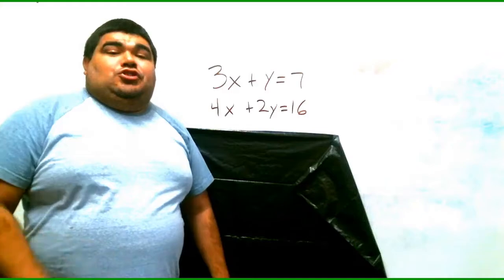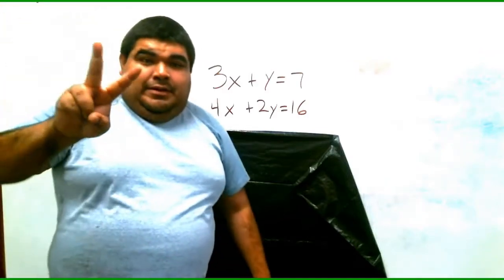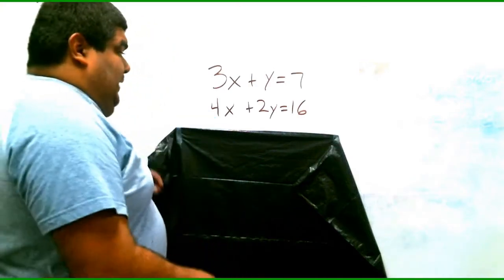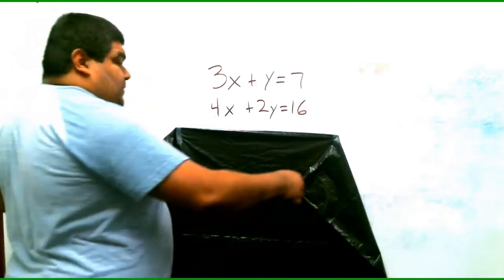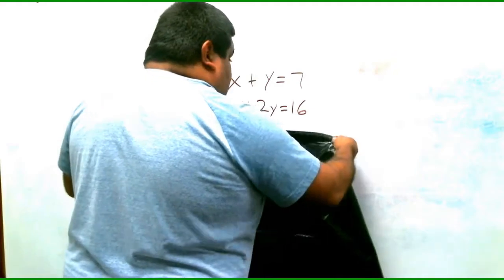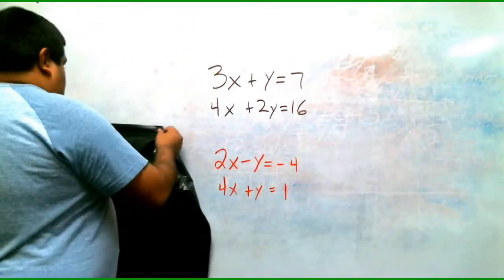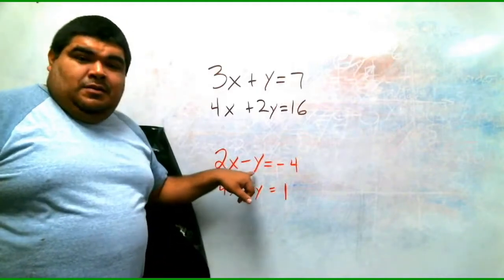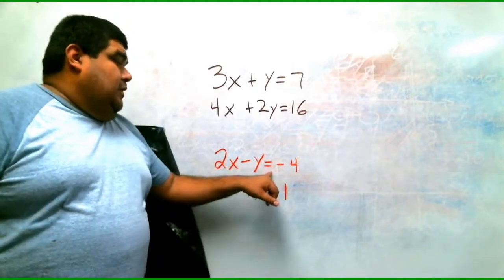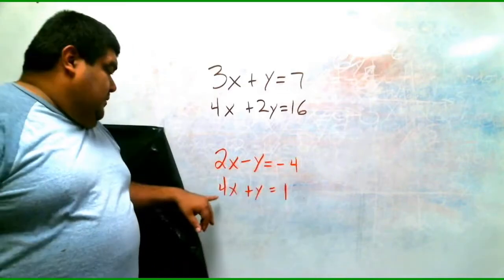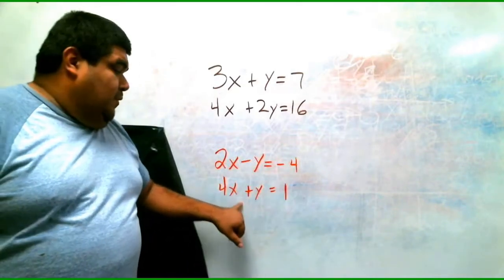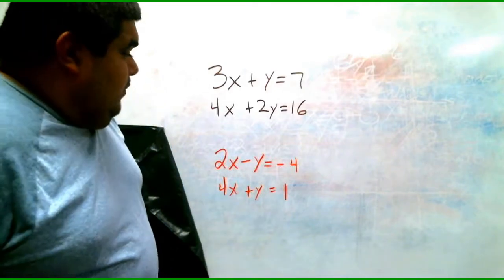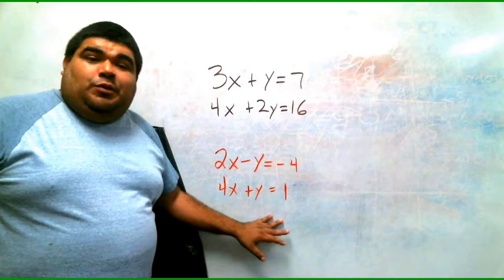Okay, make sure you solve for both x and y. Okay, and your second problem for today is 2x minus y equals negative 4, and then 4x plus y equals 1. Okay, so again, make sure you solve for x and y on this one as well.